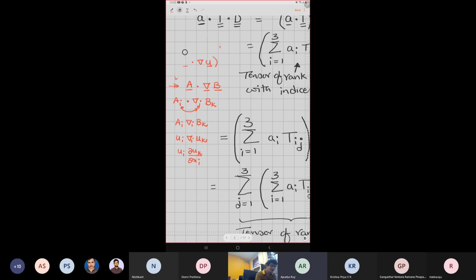Sir, in this operation, we had the compulsion to associate AI with grad J, right? We could not do AI and BK together? Not necessarily, because everything is scalar. But sir, suppose dot products with this gradient vector, this vector is not commutative, right? Because A dot grad is not equal to grad dot A, for example.